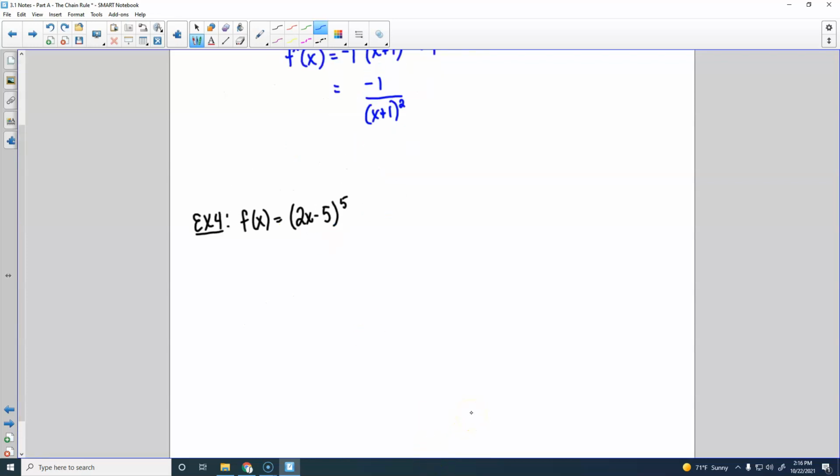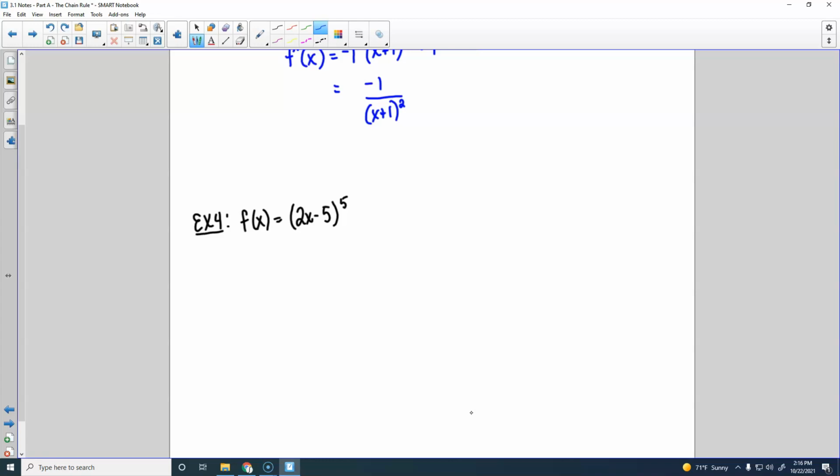All right, let's look at this one. This is a problem that you could have done before, but you would have had to multiply that whole thing out. You could use Pascal's triangle, but even with that, this one is still going to take a while.